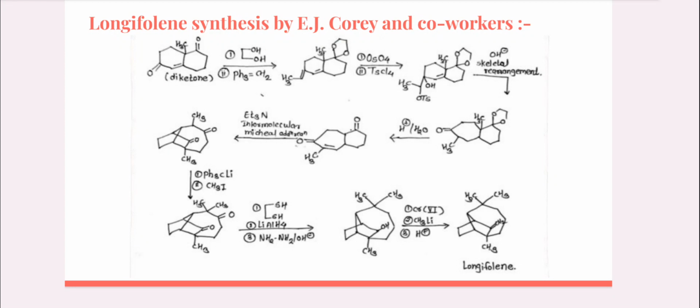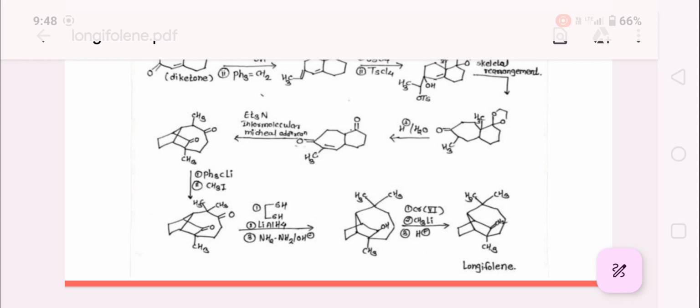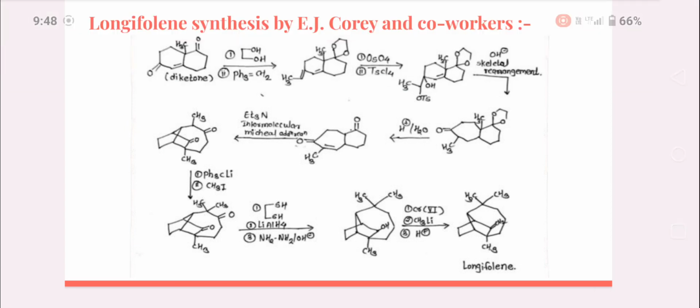In this step, here we use chromium reagents. In the first step, the OH group at the carbon 11 position undergoes oxidation. This is the formation of a carbonyl group. In the next step, we use methyl lithium. So this nucleophilic reagent reacts with the carbonyl group at the carbon 11 position.